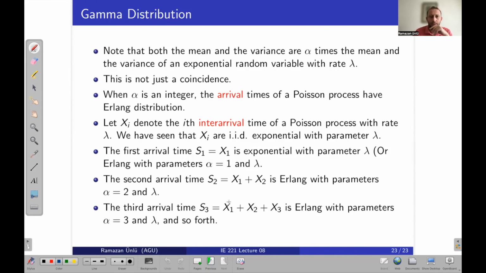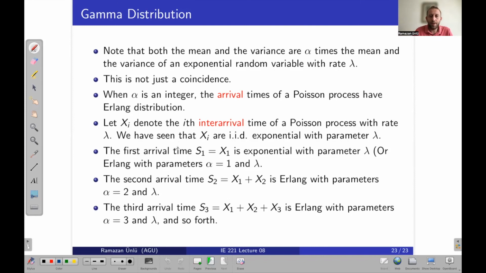We just saw that. And if we denote the Xi as the inter-arrival times of a Poisson process with rate lambda, we have seen that the Xi are independent and identically distributed exponential with the parameter lambda, okay?